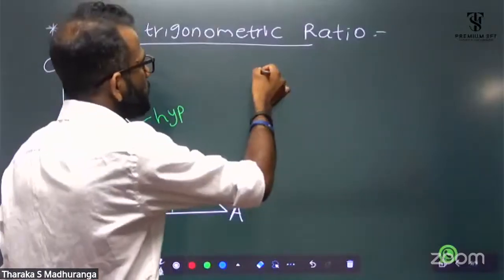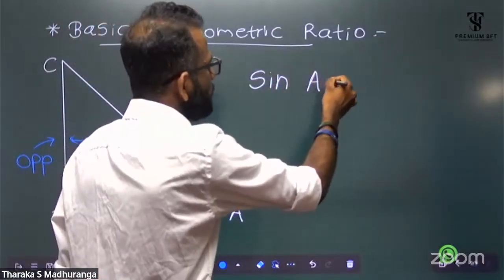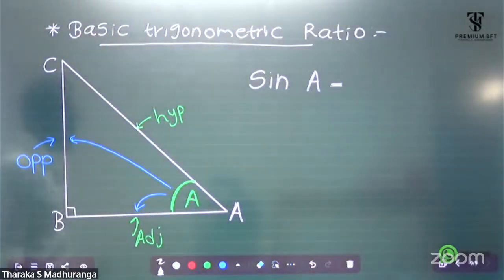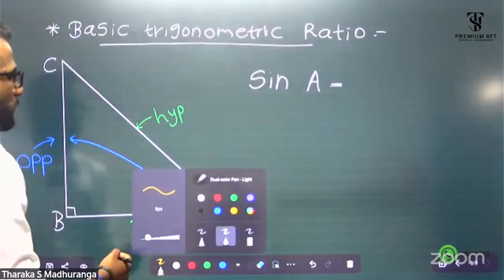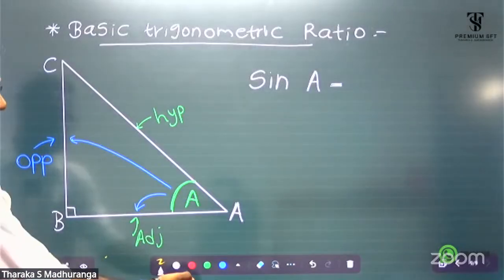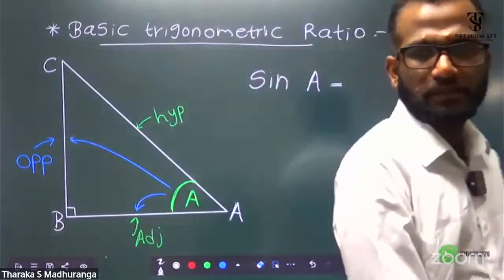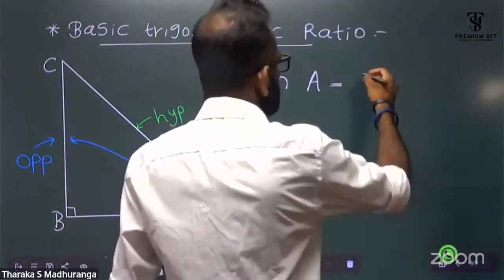Okay, now what's the meaning of sine A? Sine is opposite over hypotenuse.